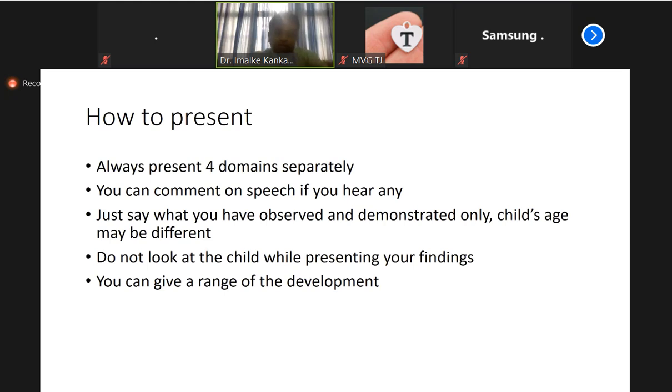Just say what you have observed and demonstrated only. The child's age may be different. Different candidates might have given different ages for the same developmental milestone. It's not a problem, because what we want is what the candidate has elicited during that short period of time.